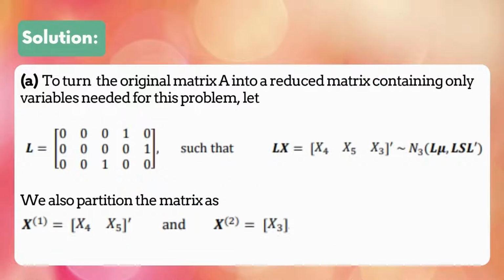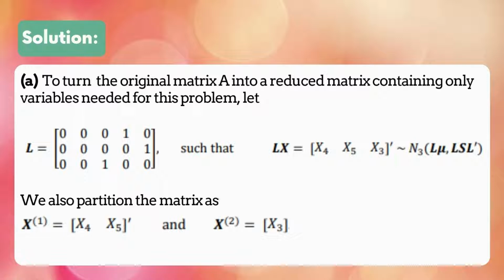Solving for item 3A, we need to turn the original matrix A into a reduced matrix containing only the variables needed for this problem. Hence, we let a permutation matrix L as follows.